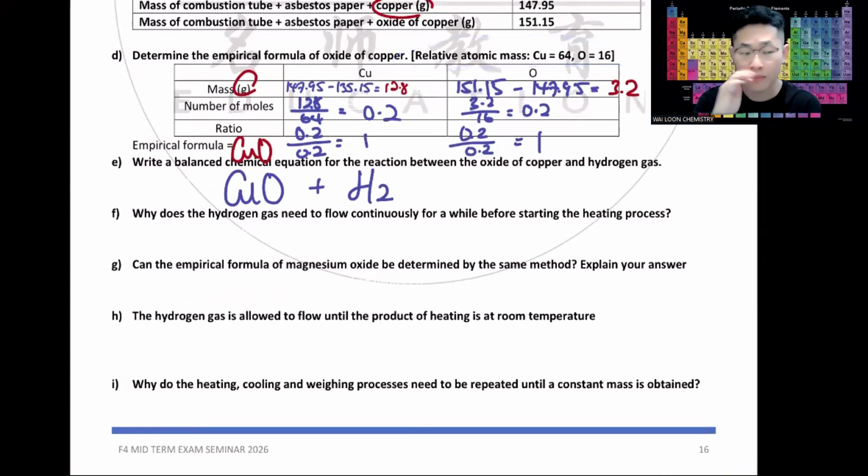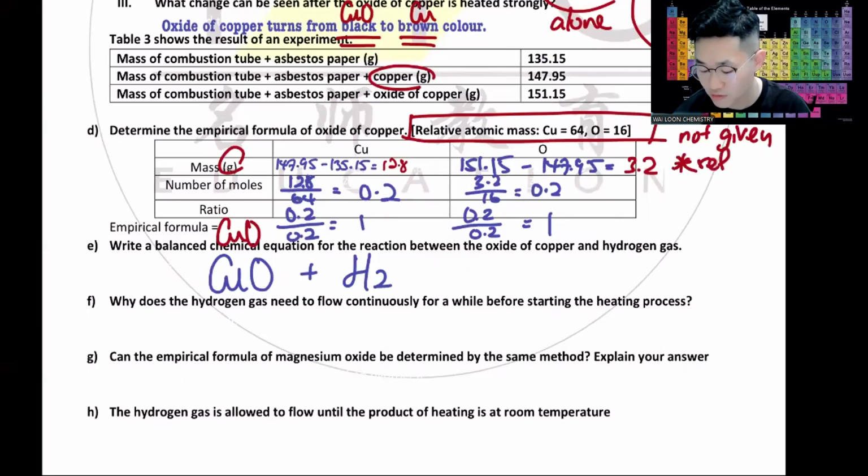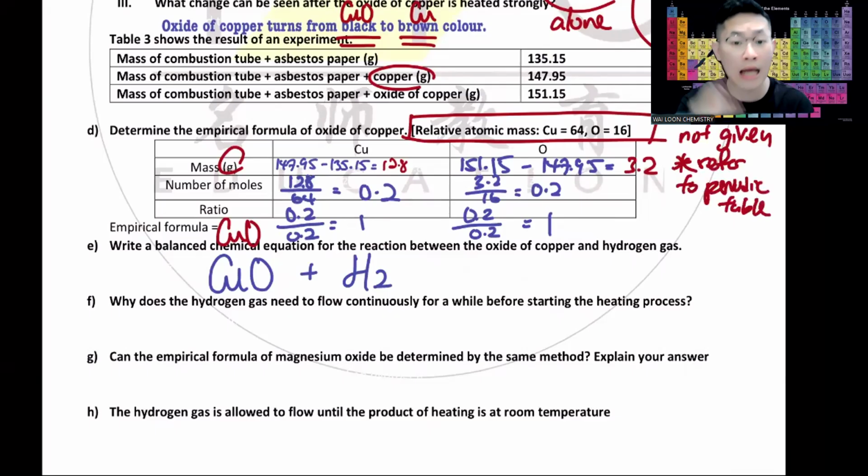Okay guys, since your exam is until chapter 4, if there's any question that needs relative atomic mass but it is not given, what you can do is refer to the periodic table at the back.